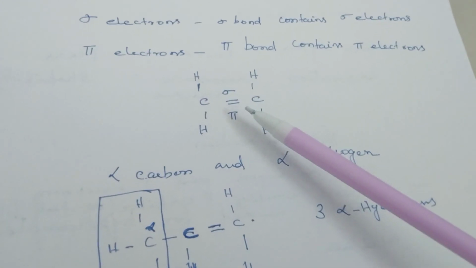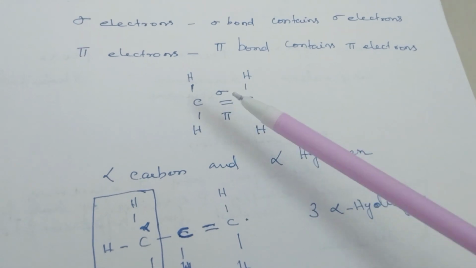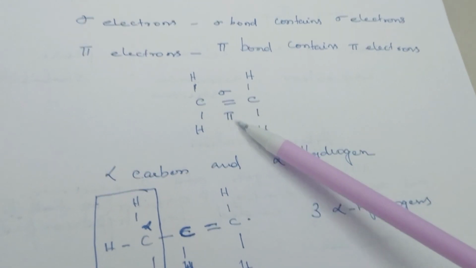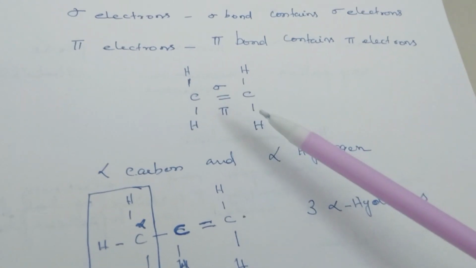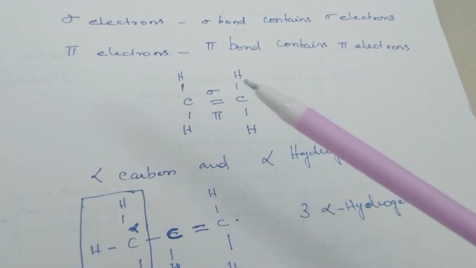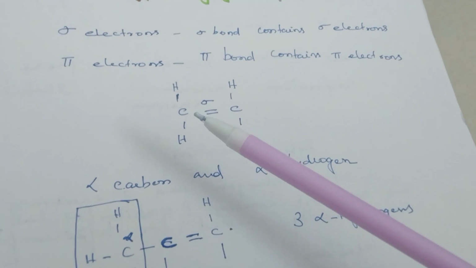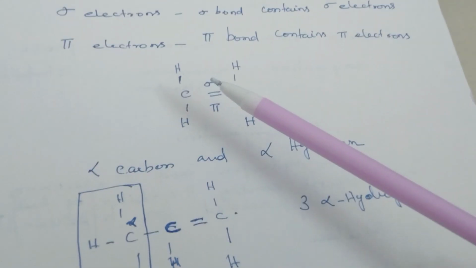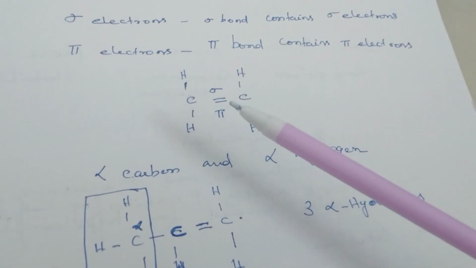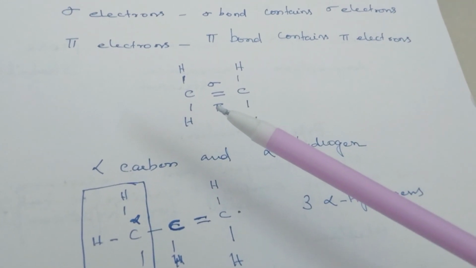A double bond is present. In a double bond, one is a sigma bond, another one is a pi bond. Here, totally 5 sigma bonds are present and 1 pi bond is present. The electrons which are present in the sigma bond are called sigma electrons. The electrons which are present in the pi bond are called pi electrons.